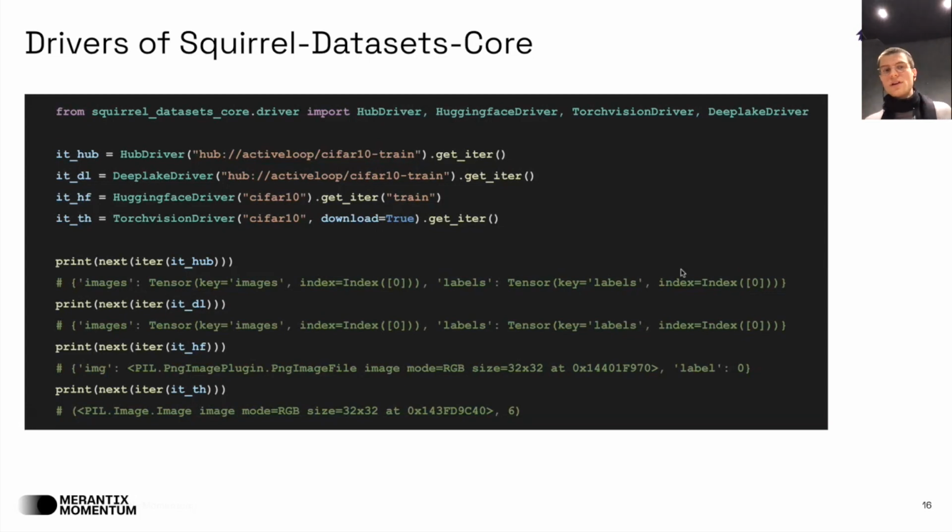That's really great because you have an enormous amount of open source datasets out there to choose from. So if you are implementing a machine learning pipeline and you want to access datasets from these platforms, you can go for that easily.